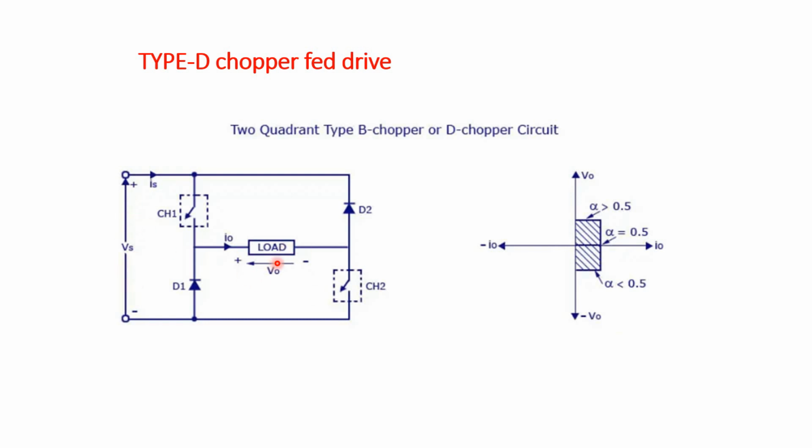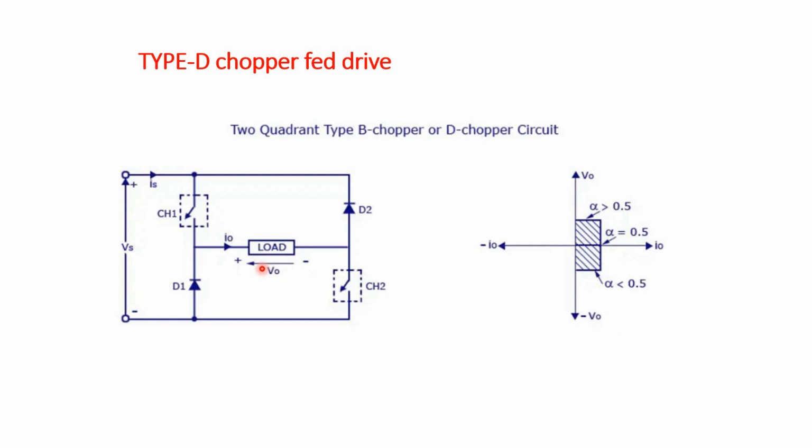When V0 is minus Vs, the two choppers will be turned off, but both the diodes D1 and D2 will start conducting. V0, the average output voltage, will be positive when the chopper switches are turned on, and the time t on will be more than the t off time, as the diodes and the switches conduct current only in one direction.